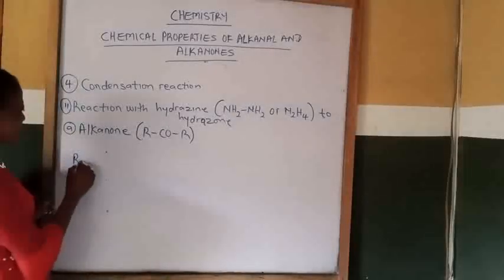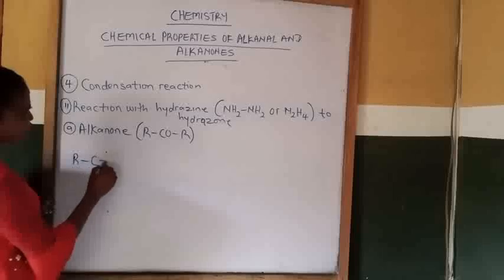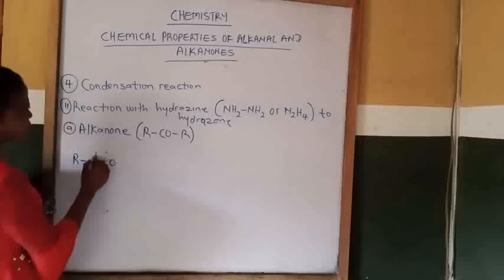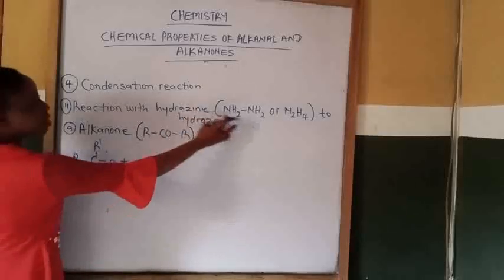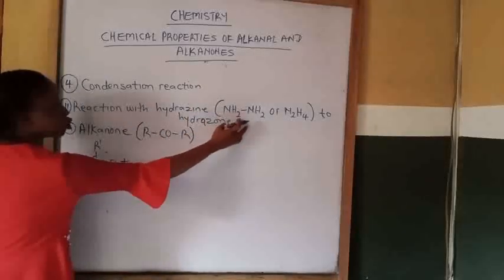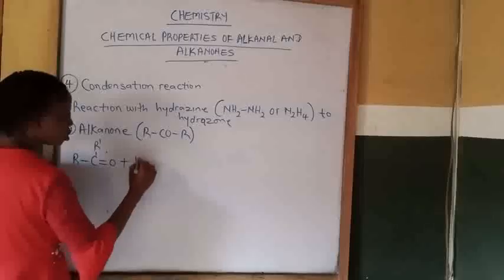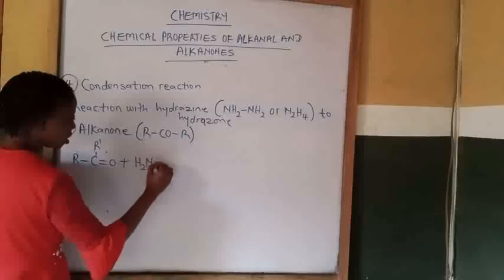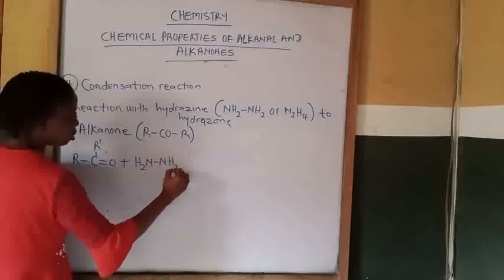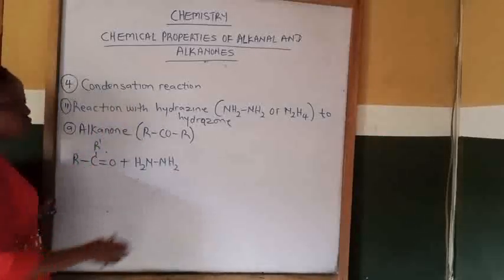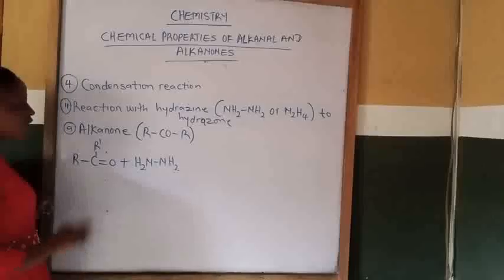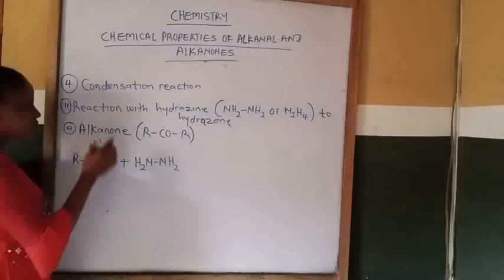So let's change it to structural formula. That will be R, C double bond O, then R, plus our hydrazine, NH2, NH2. So this chemical reaction has to do with elimination of water. Reaction between two molecules with elimination of water.